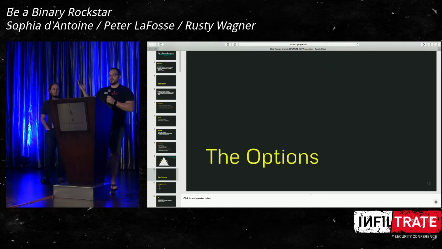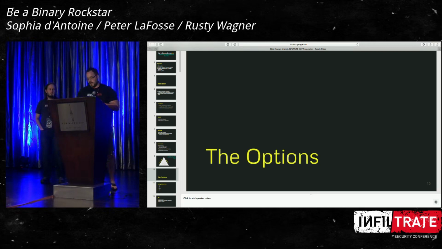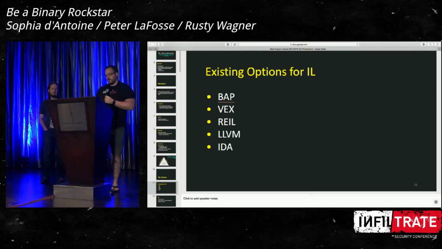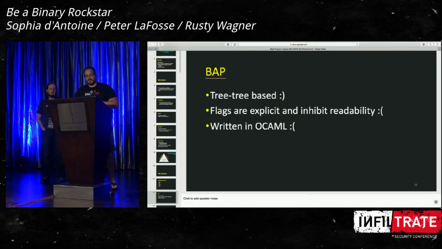So what are the available options today? There's a few: BAP, VEX, REIL, LLVM, and IDA maybe. So BAP, the Binary Analysis Platform, has a tree-based structure, which is good.